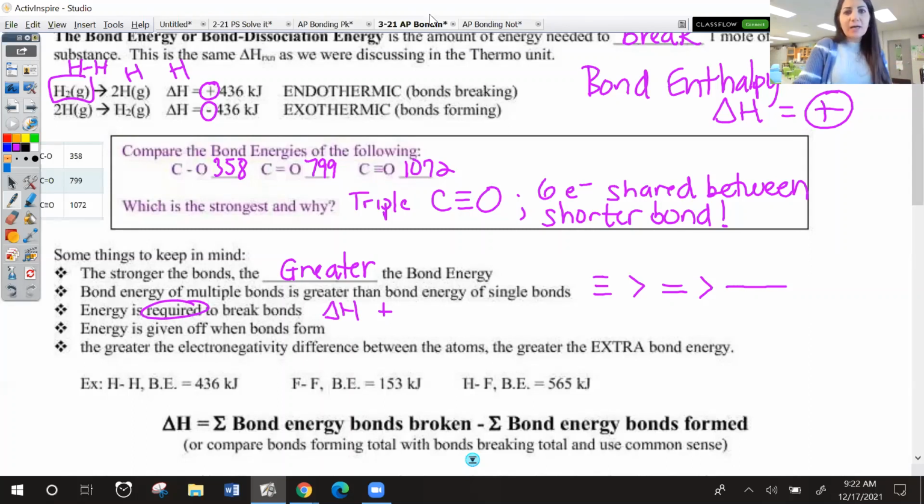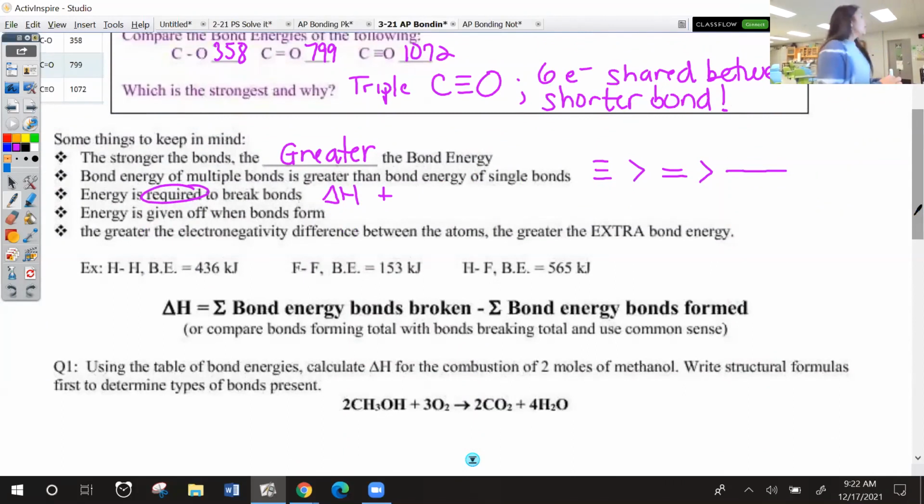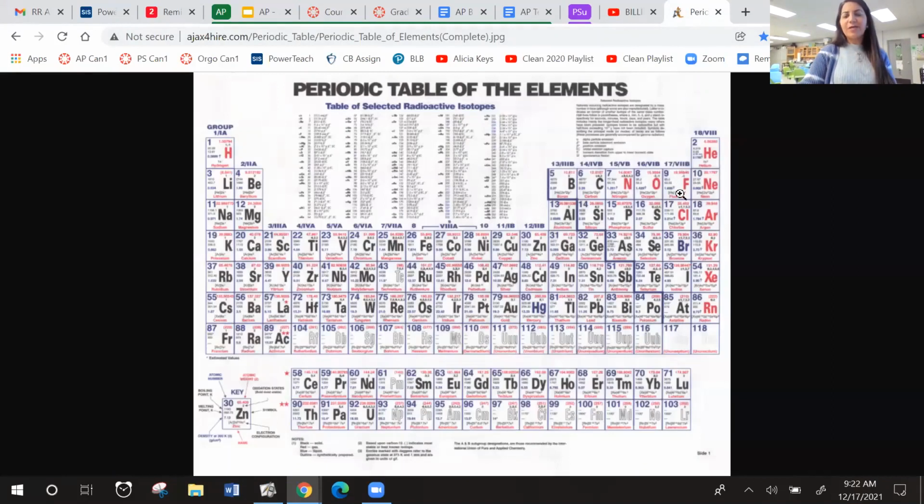And then we have the greater the electronegativity difference, the greater the bond energy. Oh, this is important. So we know that electronegativity difference is simply looking at, for example, fluorine is a 4, okay? And so what you can do is almost even estimate, if you're looking at a periodic table, I know fluorine's here.